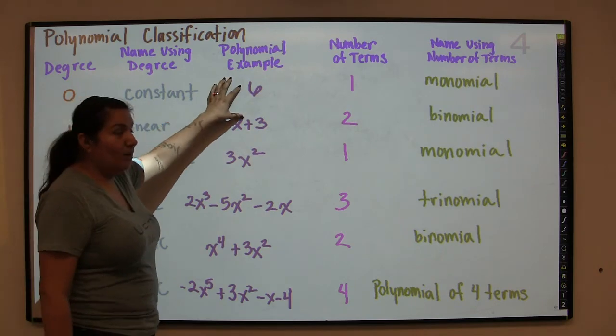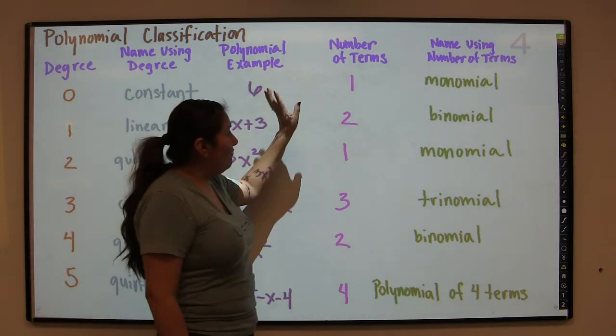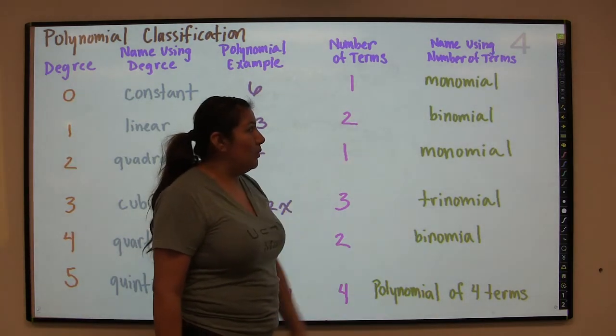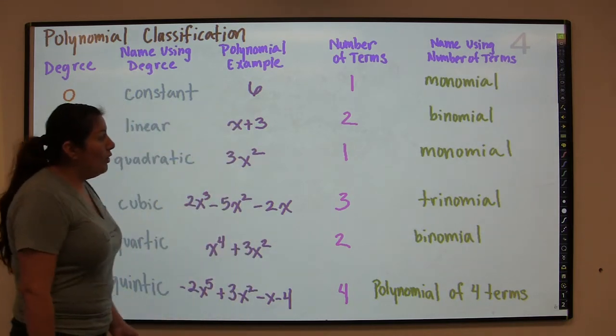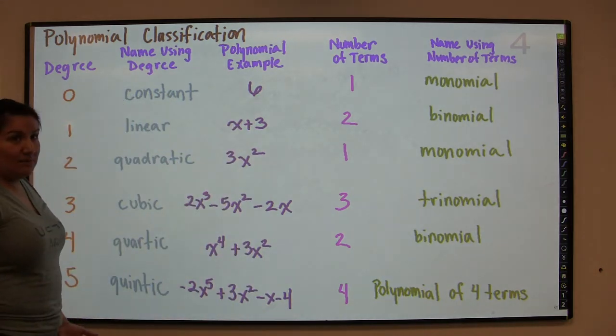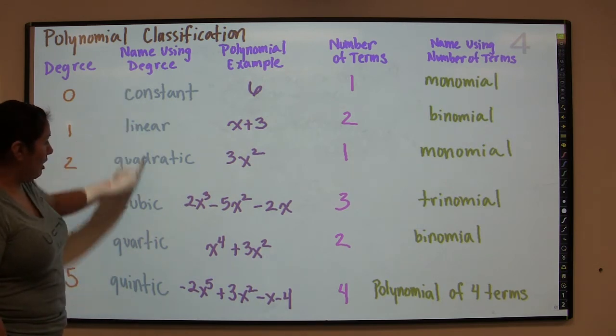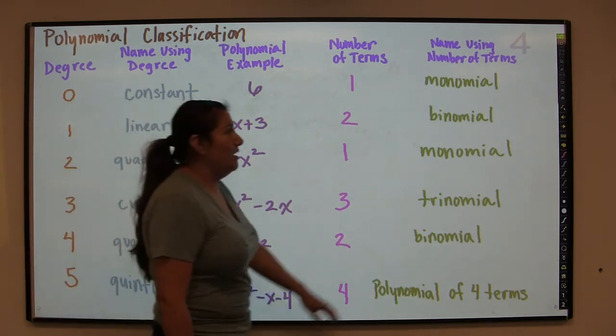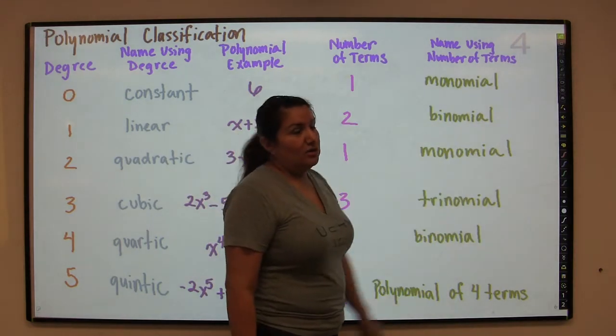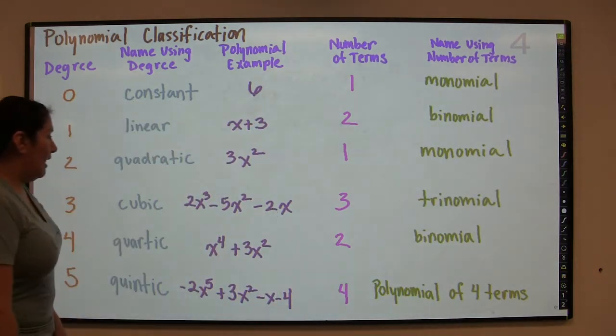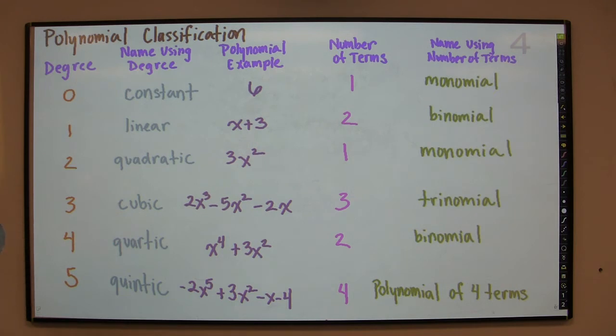Then we have an example of each kind. And then you have the number of terms and the name that we would give it. On your homework, you're going to be asked to name and classify polynomials based on degree, so this column right here, and based on number of terms, this column over here. So I'm just going to run through it really quickly. If I'm in your way, then you'll want to just pause it and come back and fill it in.